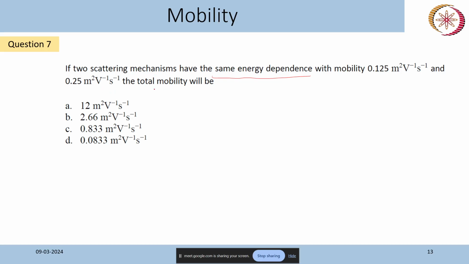What will be the total mobility? The units are given as meter square per volt second, and in the options also in meter square per volt second.